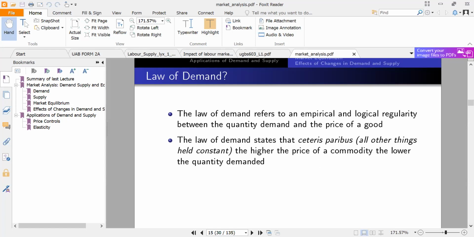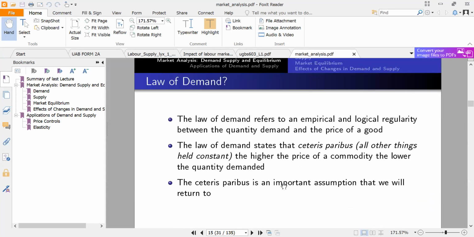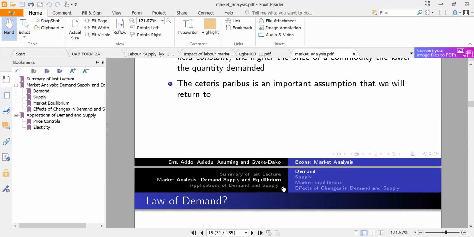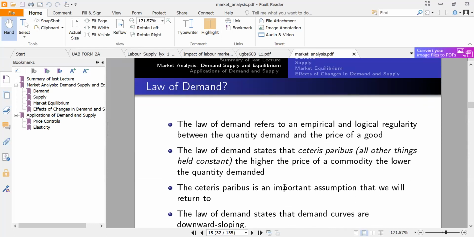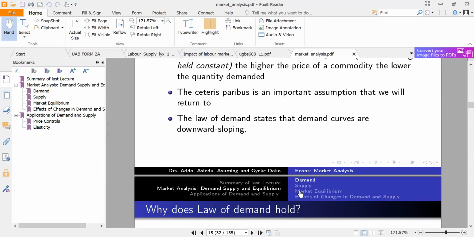So that is the simple law of demand. Ceteris paribus is an important assumption that we will return to later. The law of demand states that demand curves are downward sloping. You can see that the demand curve slopes down.